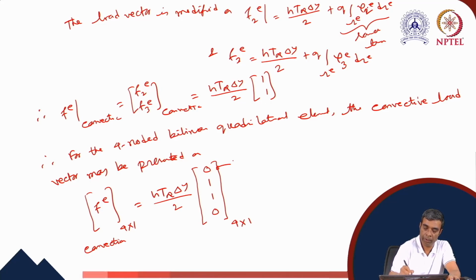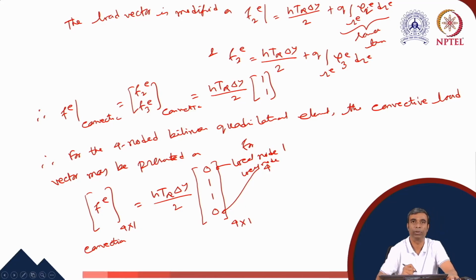So this is for local node 1, this is for local node 4, and the remaining two are for local nodes 2 and 3.